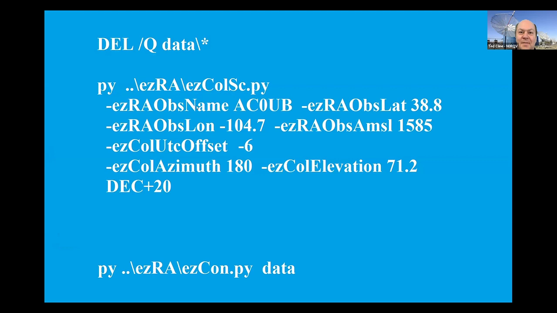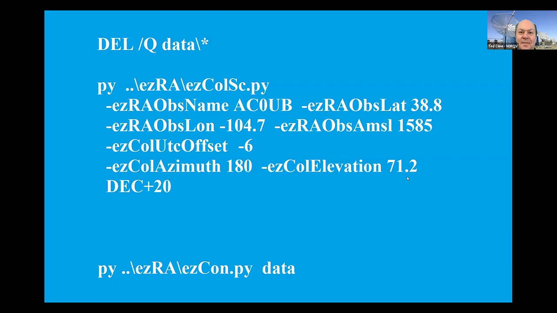Here's the telescope name, the latitude, the longitude, the altitude above mean sea level, and then there was a time zone correction, and entering the azimuth as 180 and the elevation over here, and finally the directory that we're pulling the data from, the dec +20 directory. I calculated that elevation value from the declination and the latitude.